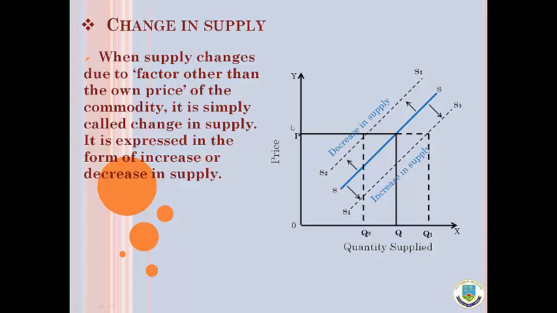Now, price remaining constant, supply increases to OQ1 due to change in other factors. So a new supply curve is formed, that is S1S1. SS has shifted to S1S1. So the S1S1 curve shows increase in supply.